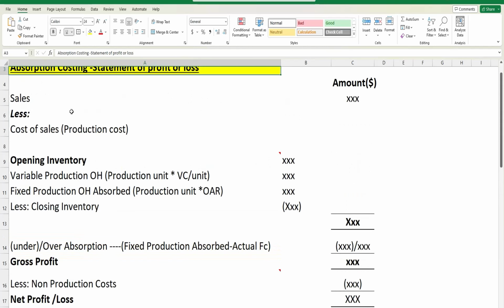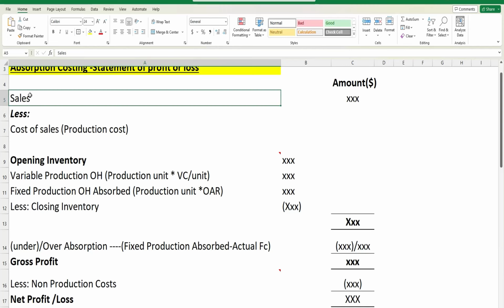This is the common way to calculate the gross profit: we deduct cost of sales from sales, and we get our gross profit. But there is a slight difference in the calculation of cost of sales in the two systems. Let's first learn about absorption costing.